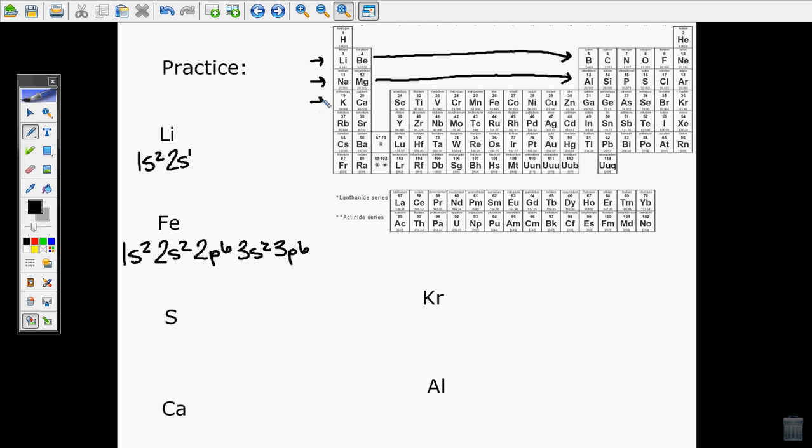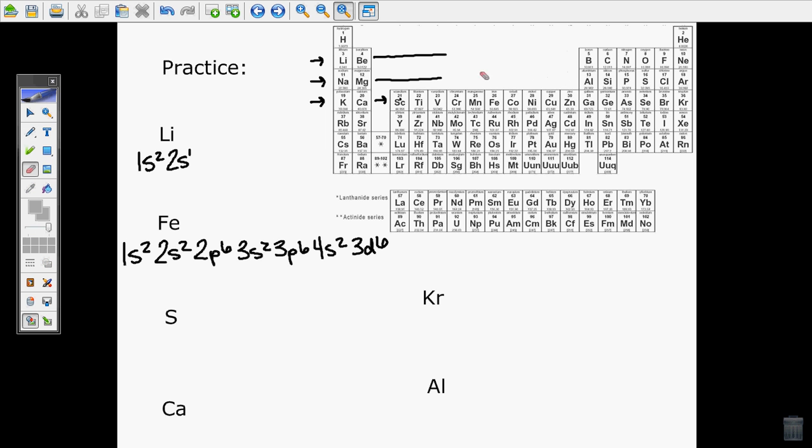Now I'm here at 4s2. Now I'm here, so this is 3d, 1, 2, 3, 4, 5, 6. So here's iron, so 3d6. So you look at what element you want to get to, start at hydrogen, and keep reading across until you get there.